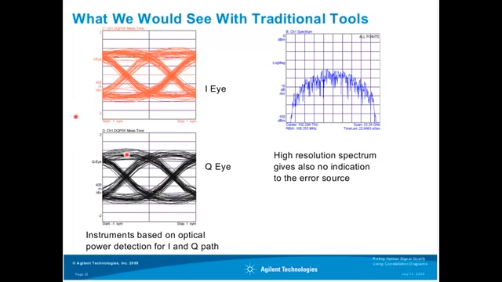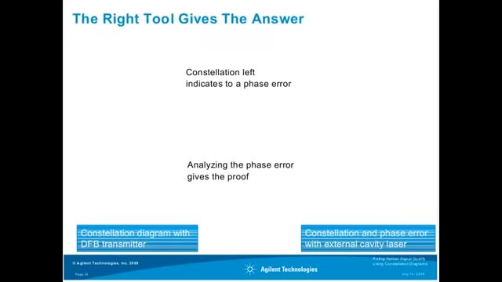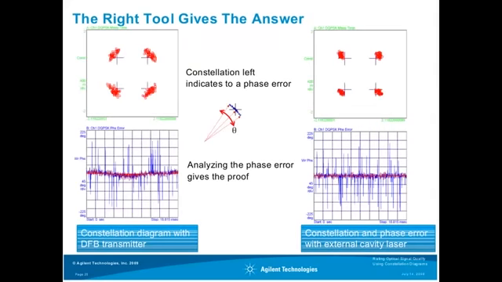Also, the scaling is the same, so it does not look like an imbalanced path of the I and the Q part. Also, again, a look at the high-resolution spectrum gives no indication of the error of the source. So the right tool can give you the right answer.